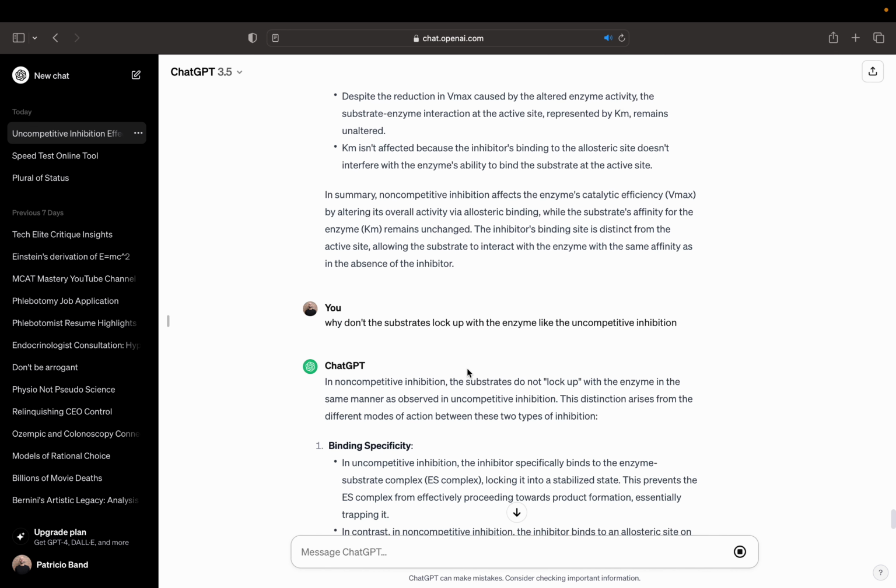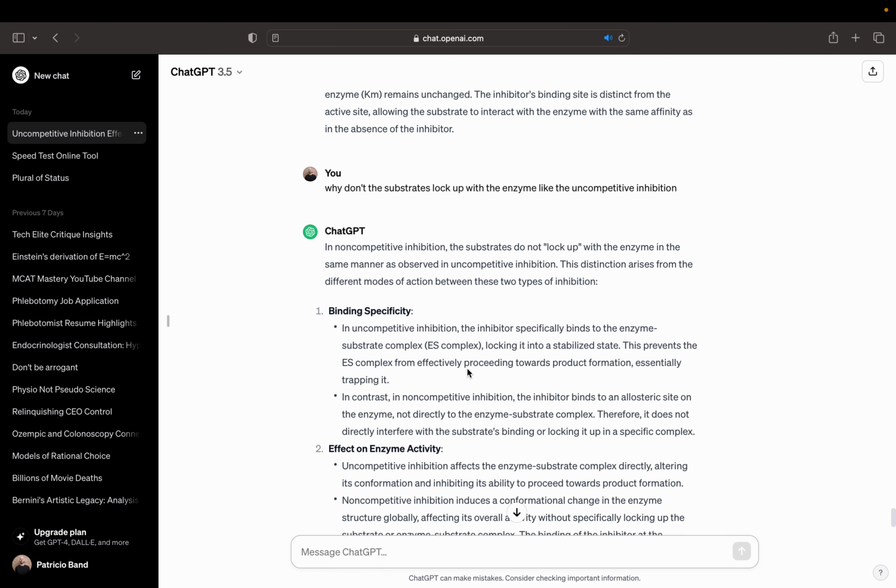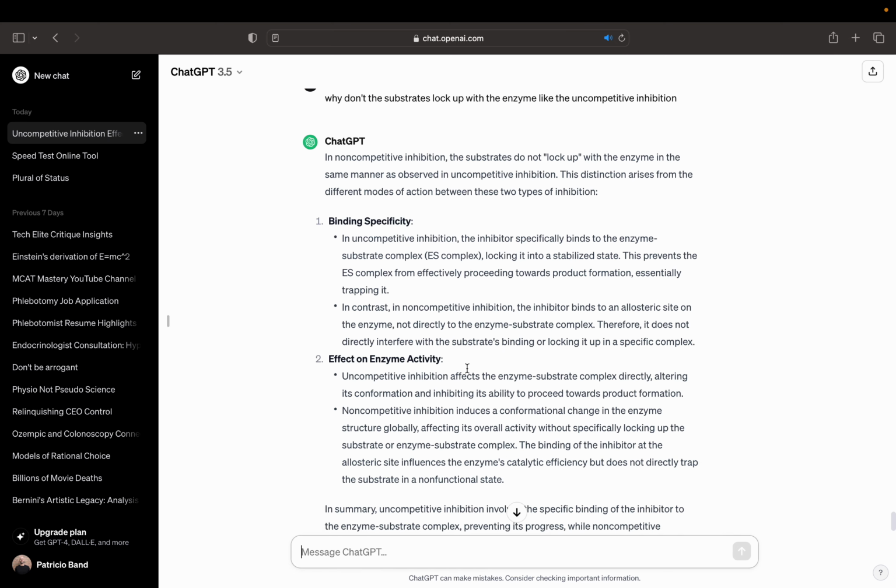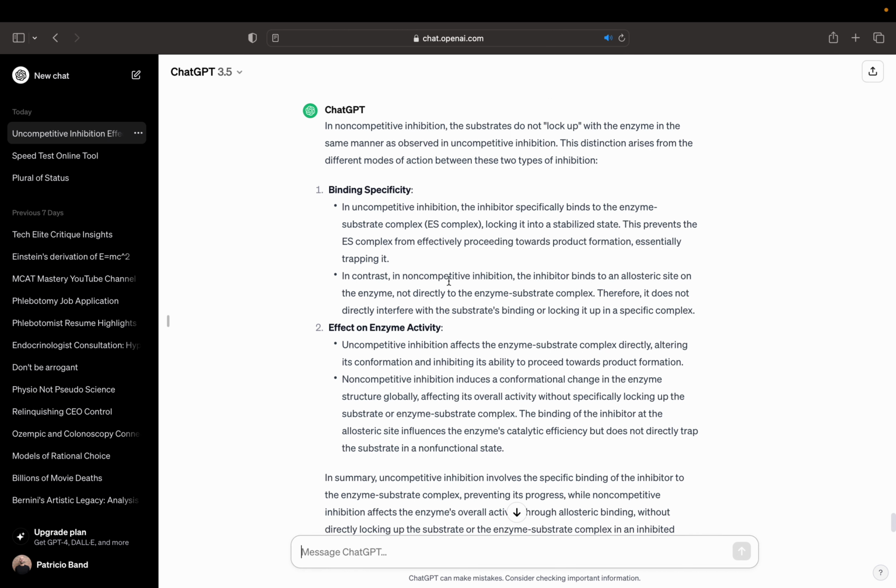The substrates do not lock up with the enzyme in the same manner as observed. This arises from the different modes. In uncompetitive inhibition, the inhibitor specifically binds to the enzyme substrate complex, locking it into a stabilized state. This prevents the ES complex from effectively proceeding towards product formation. It traps it. In contrast, in non-competitive, the inhibitor binds to an allosteric site, not directly to the enzyme substrate complex.